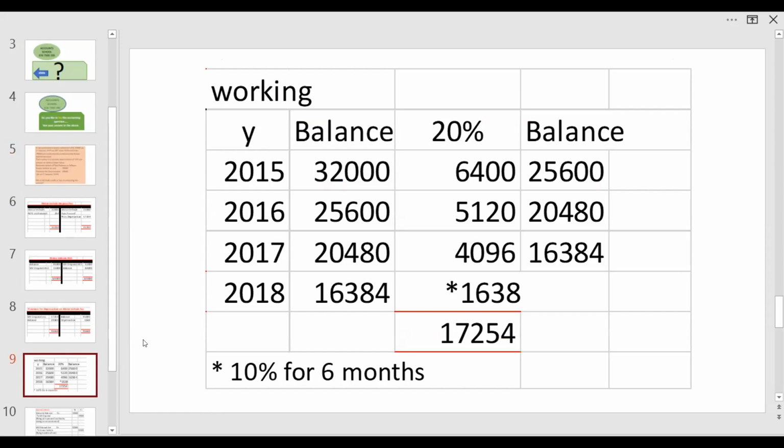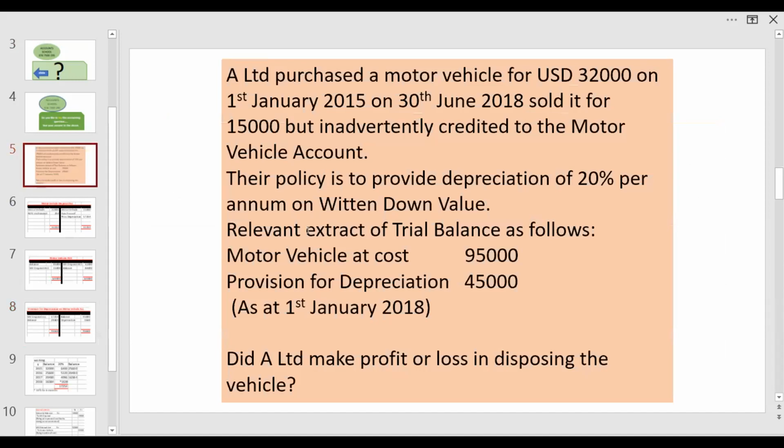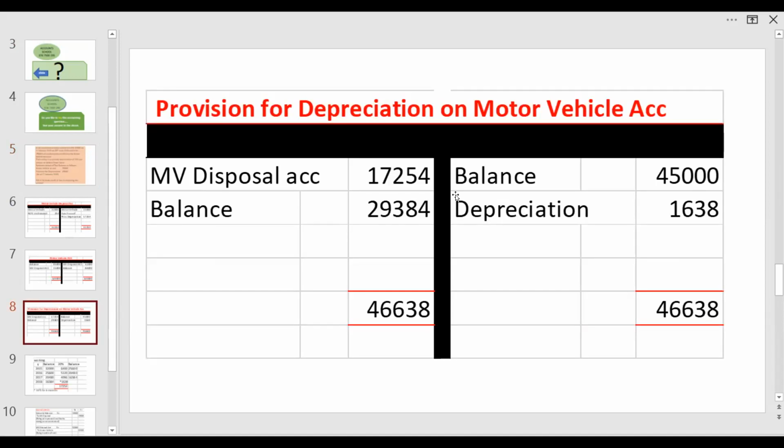That is, here we have a balance of 45,000. Again, in the question, they have very clearly stated this 45,000 as at 1st January. That means that year's depreciation is still not credited to the provision of depreciation account.